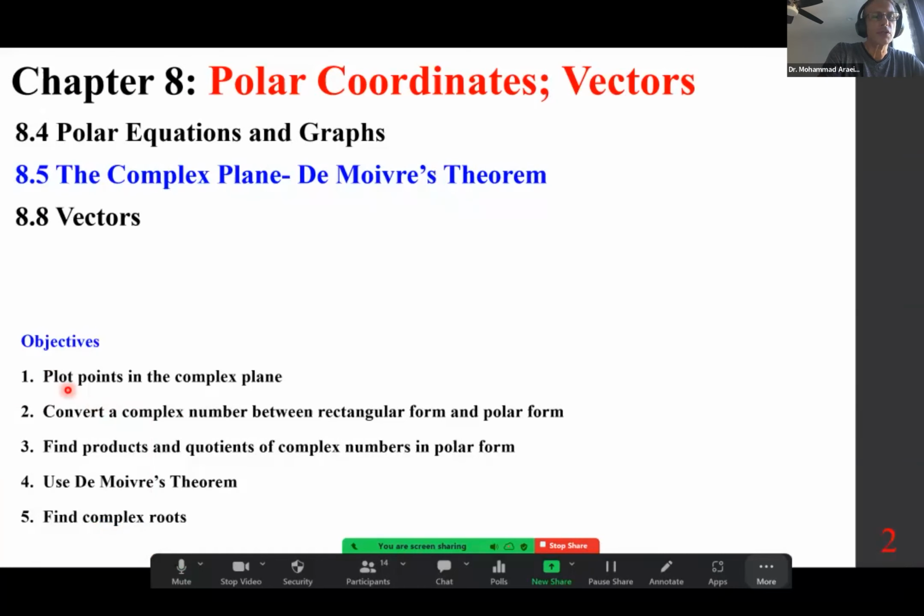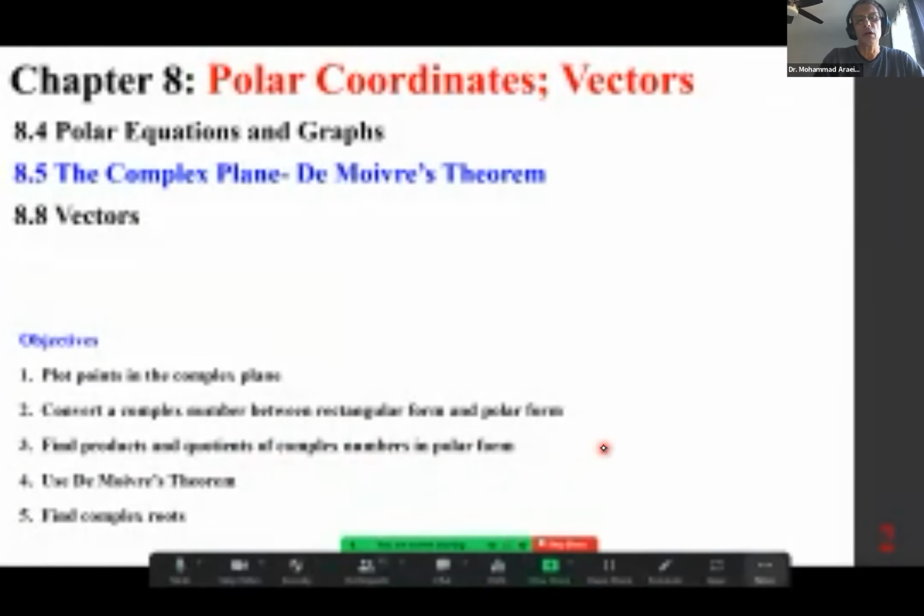The objective for this section is to plot points in the complex plane, convert a complex number between rectangular and polar form, find the product and quotient of complex numbers, and use de Moivre's theorem to find complex roots.